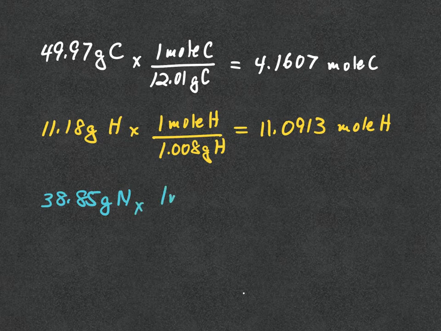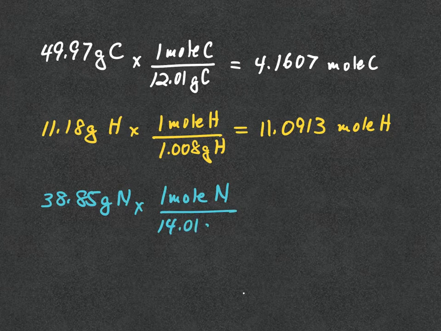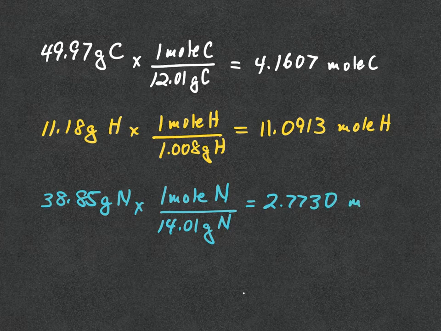And then 1 mole of nitrogen atoms is 14.01 grams of nitrogen atoms. And we get 2.7730 moles of nitrogen atoms.